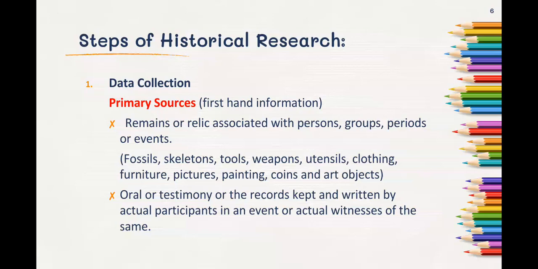For example, we have fossils, skeletons, tools, weapons, utensils, clothing, furniture, pictures, paintings, coins, and art objects. These are examples of remains that were not deliberately intended for use in transmitting information or to be used as a record.